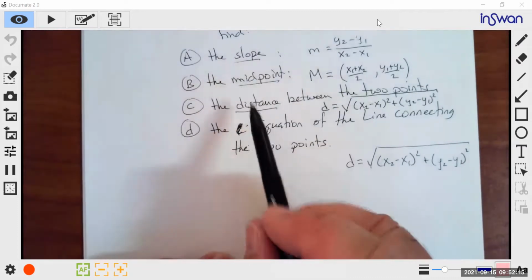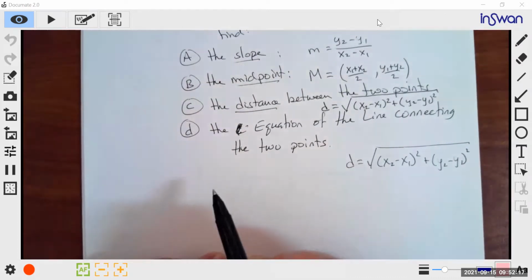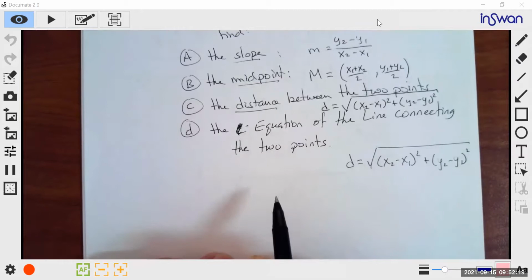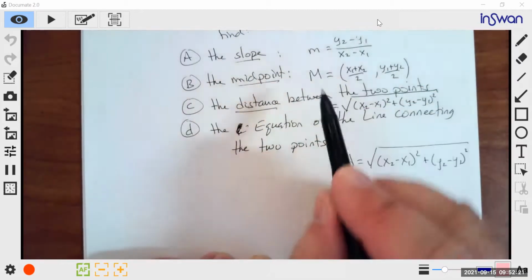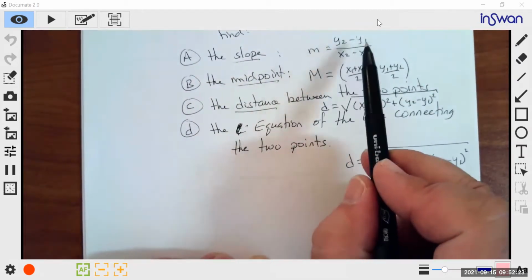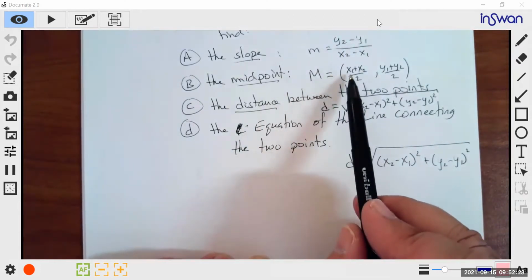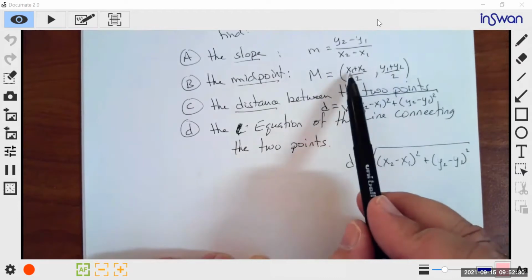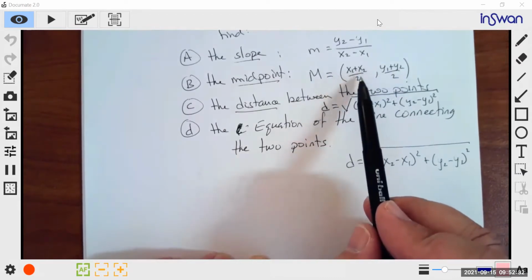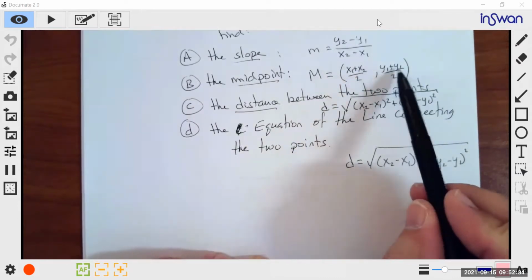So before you start answering the slope, midpoint, or distance and equation of a line, you have to know the formulas. The slope: y2 minus y1 over x2 minus x1. Midpoint is a point. The x is x1 plus x2 over 2. The y part is y1 plus y2 over 2.